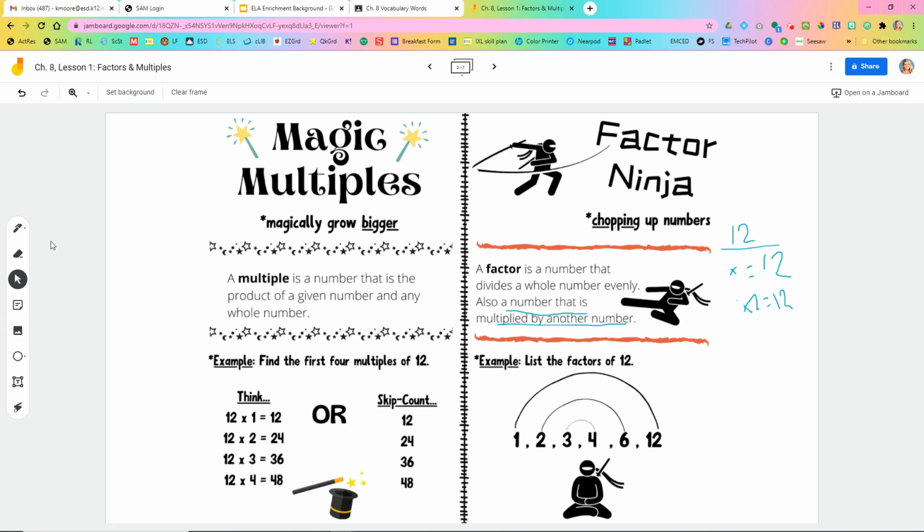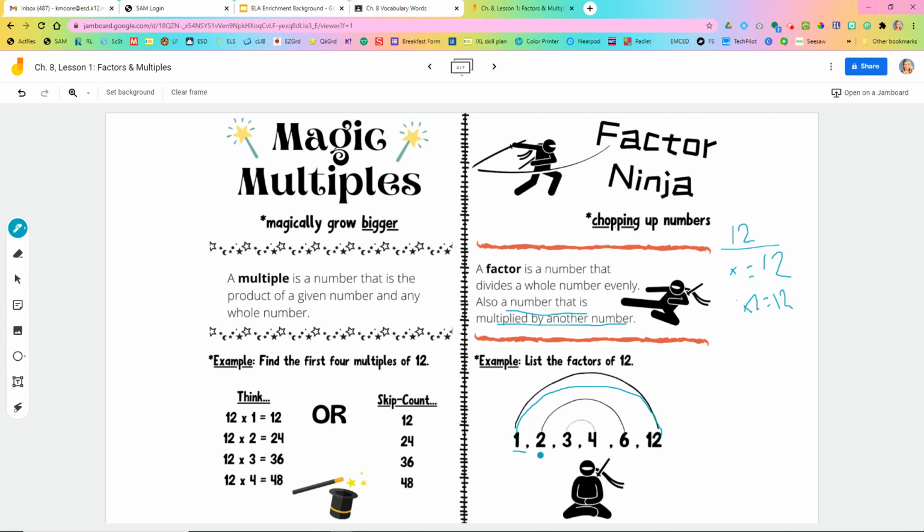Now the factor ninja chops them up. Since I'm chopping it up, I should not have a number that is larger than 12. It should be either 12 or less. So we always want to start with 1. So I'm going to say my first factor pair of 12 is 1 and 12.